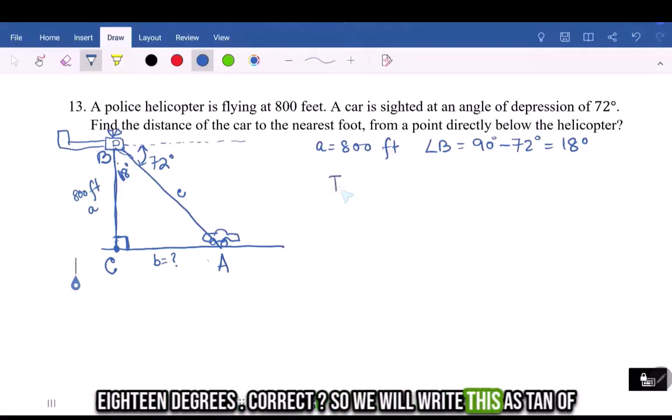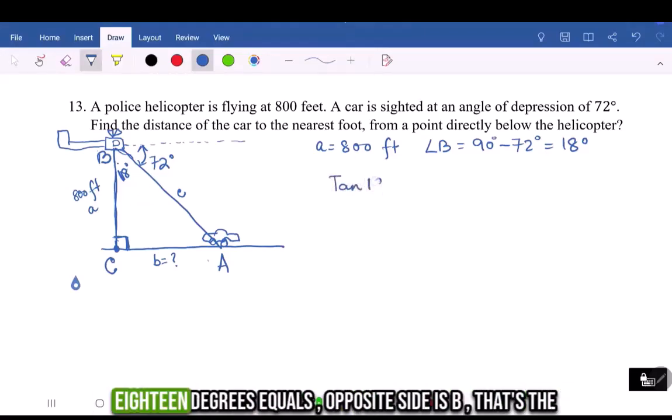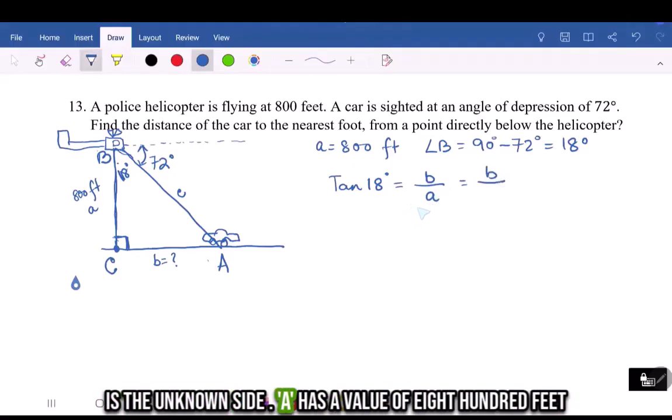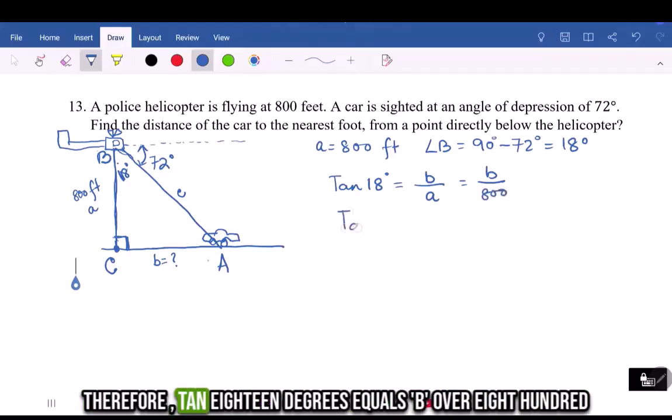So we will write this as tan of 18 degrees equals opposite side is b, that's the numerator, over a, correct? So let's plug in the values. b is the unknown side. a has a value of 800 feet. Therefore, tan 18 degrees equals b over 800.